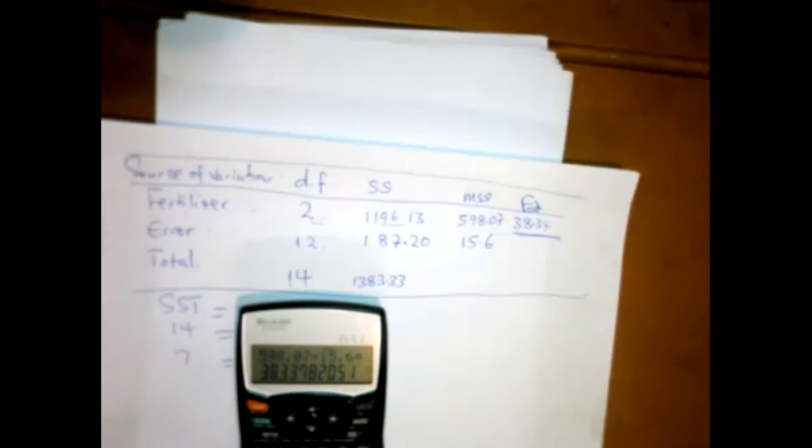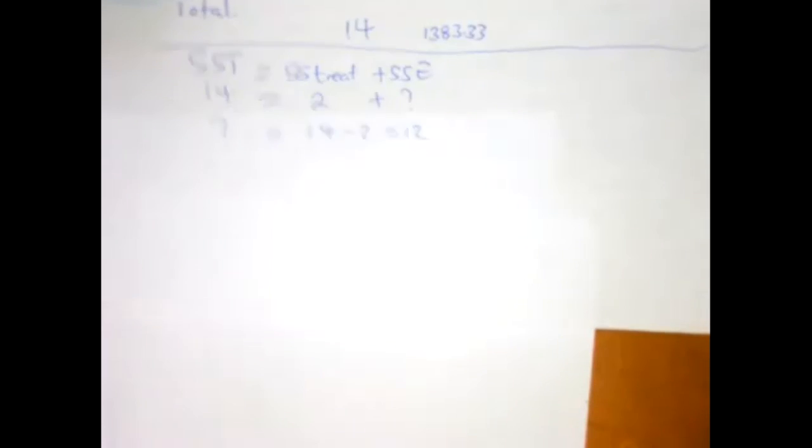So what is the hypothesis that we are testing? The hypothesis that we are testing is H naught. Let me zoom out so that what I'm writing will be visible. So what is our H naught?